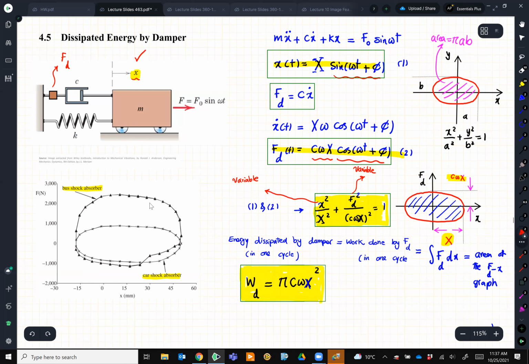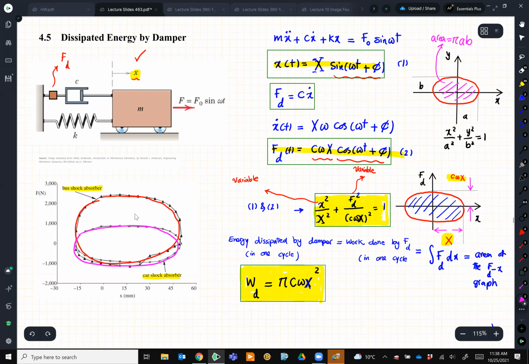I just put both in one graph. One is for the bus, and the other one is for the small car. These two have the same length, you can see, but their force amplitude is different.